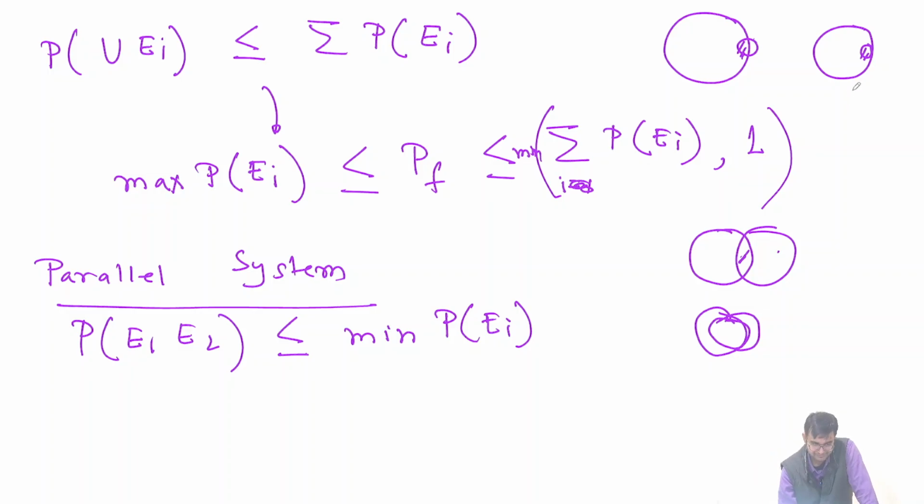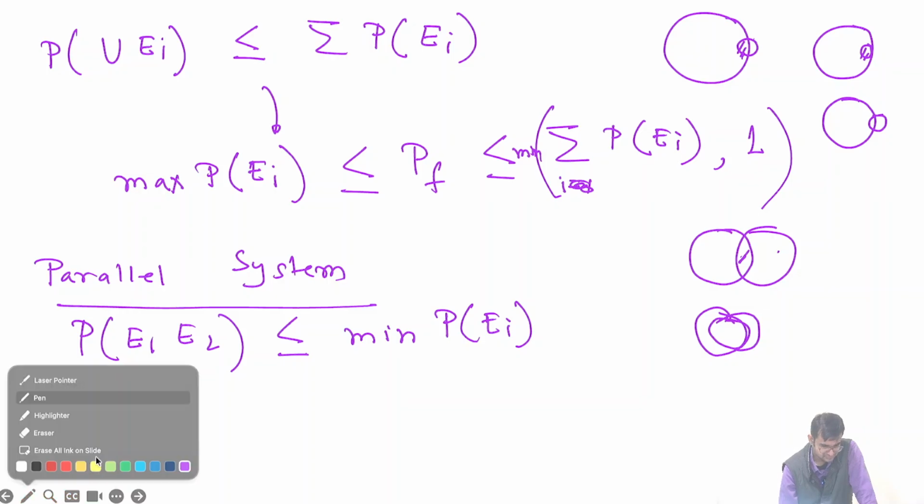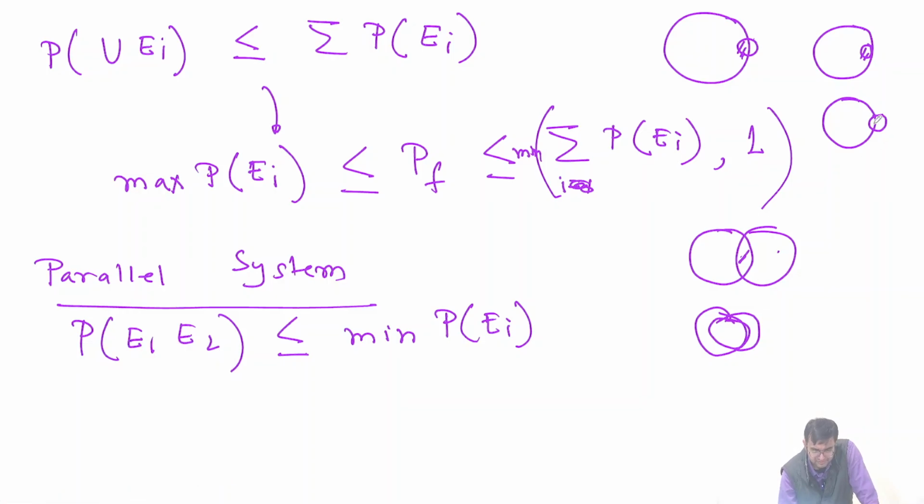Okay. Let's use 3 colors. Will you agree if I say this red portion is always less than this violet portion? You agree? When will the red portion be equal to the violet portion? So this part you agree.